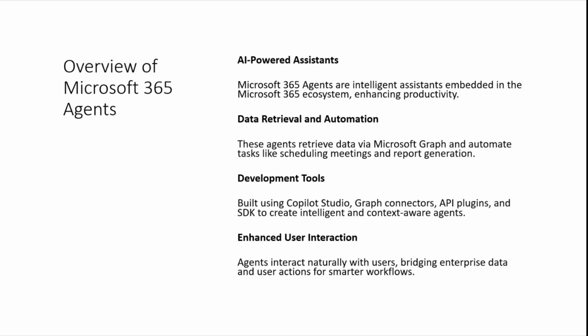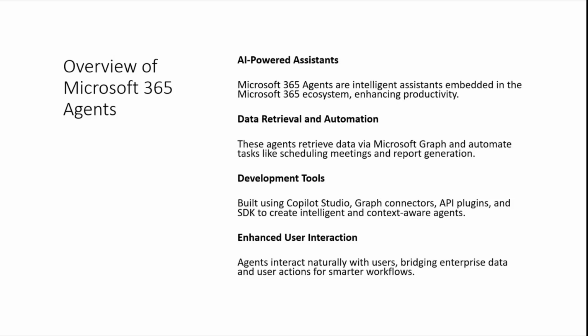For example, you have your documents stored in SharePoint, your conversations happening in Microsoft Teams, and even email conversations happening via Outlook. So using this RAG pattern, retrieval augmented generation, these agents are able to get to the context.